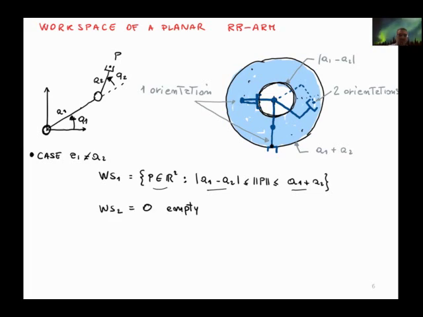If we want to consider the dexterous workspace for which all the orientations should be possible, we see that it's completely empty, because in the middle points we said we have two orientations possible, and in the other points only one.